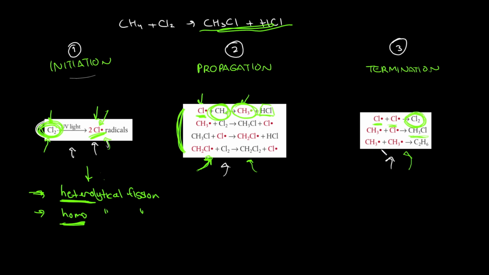So that's basically the mechanism for a substitution reaction, and this is required for you to remember: initiation, propagation, and termination. As long as you can describe the steps of what happens in initiation, propagation, and termination, you should be fine with the mechanism regarding alkanes. So that's about it for alkanes. Hopefully that helped. Alkanes go through combustion and substitution reactions. Combustion is really simple.